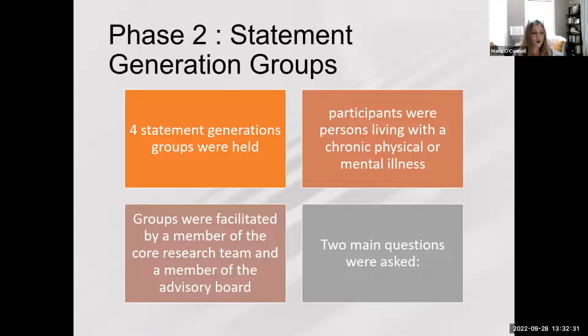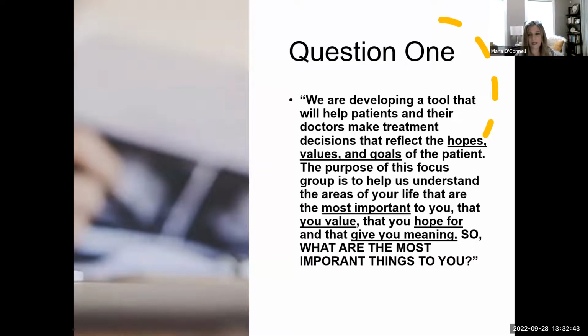So we want to make sure that in developing a measure that asks people to identify preferences, we included things that they may not have thought about before. So the first question, we told them a little bit about what we were trying to do, just to orient them to the process.